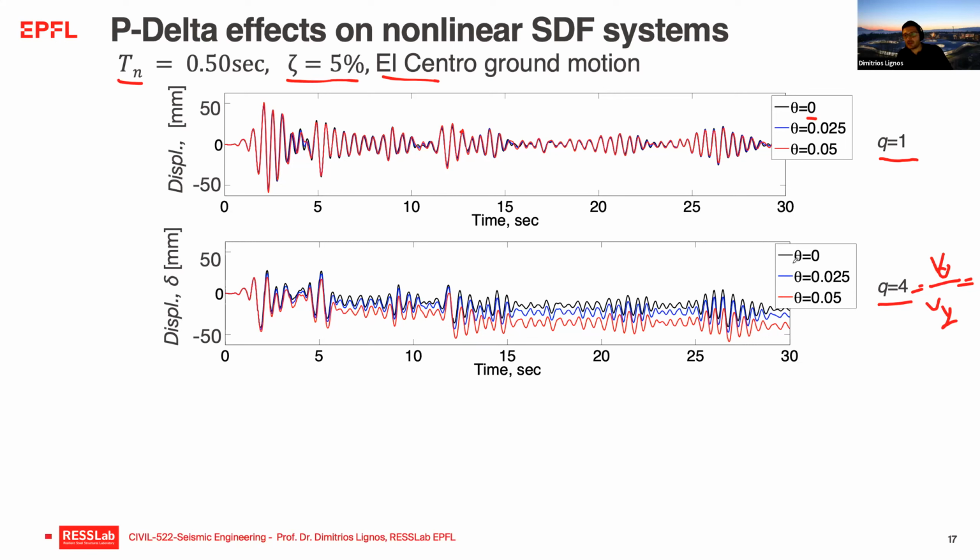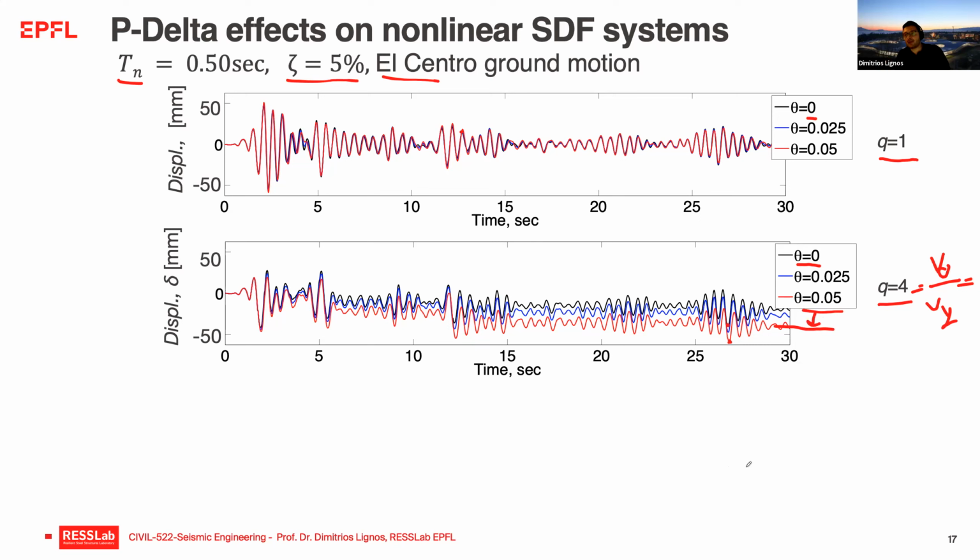In this case, the effect of gravity is important because the system is allowing for higher second-order effects to be induced, which will result in larger displacement demands relative to the case where I neglect gravity, and ultimately I will have a larger residual deformation after the end of the earthquake.